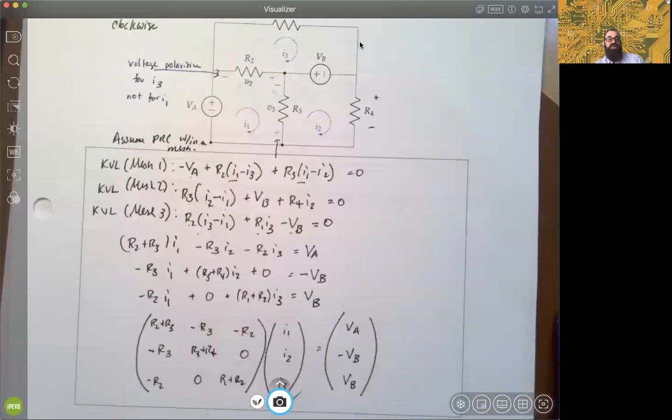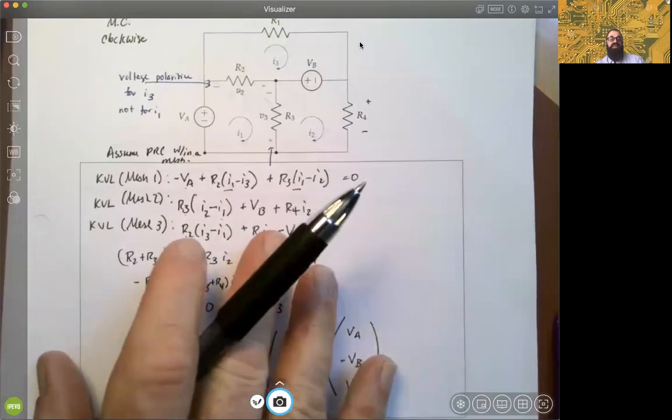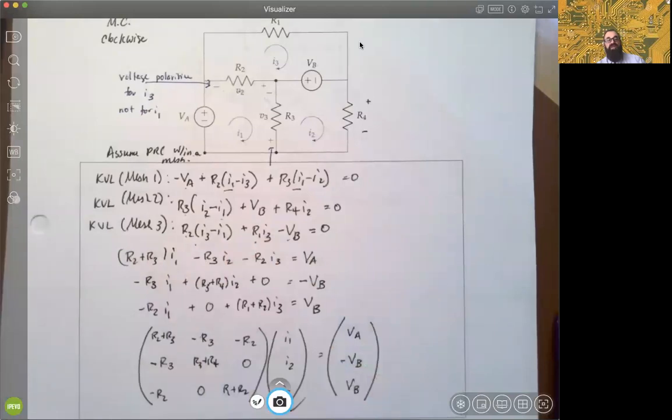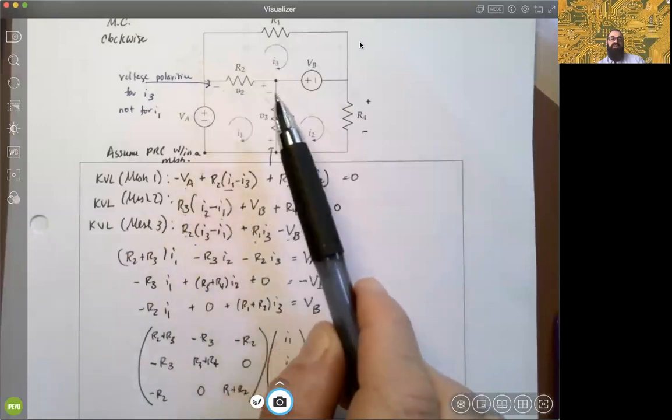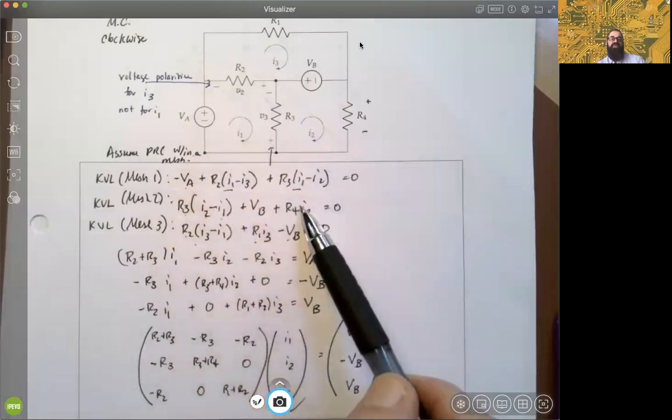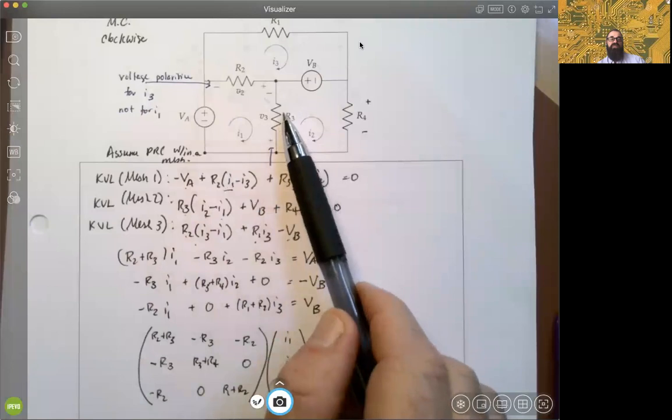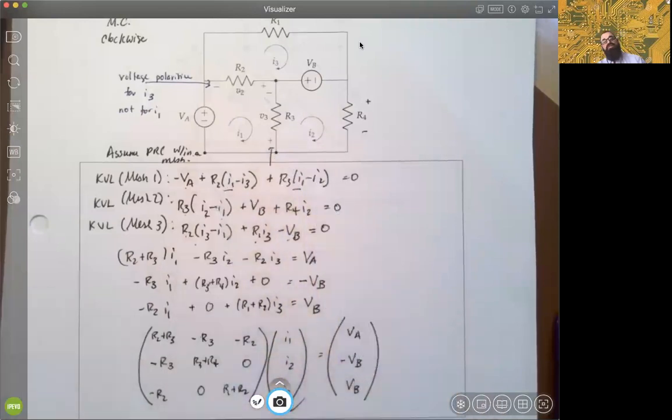Right. So mesh currents are a very handy way, especially when the topology of the circuit is exceedingly complicated. Just keep in mind as you write these KVL equations, think PRC every single time. Just make sure you choose the right differential for the currents through each resistance.